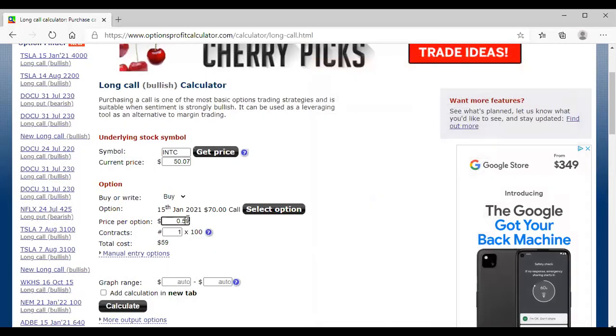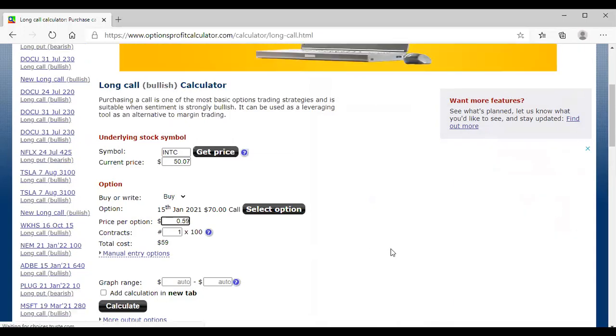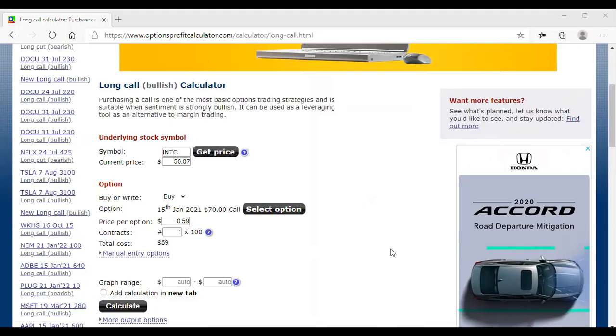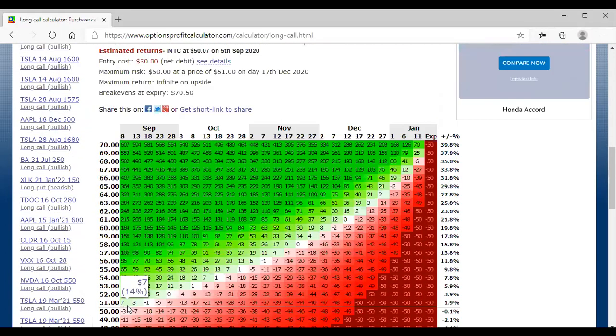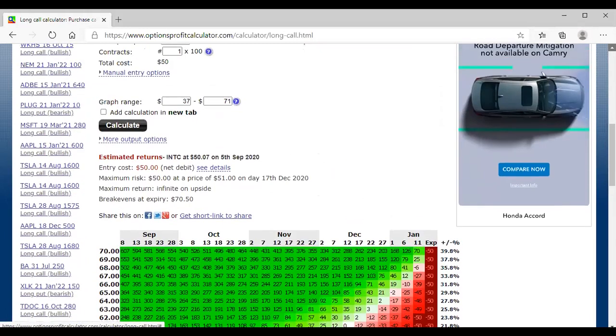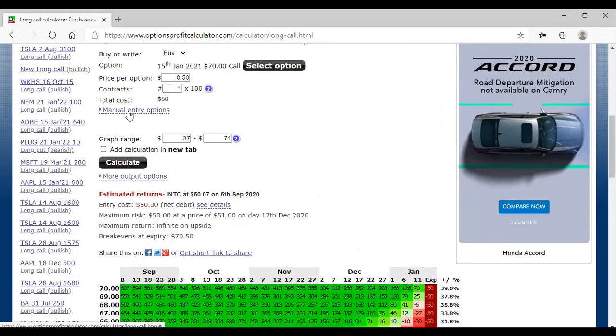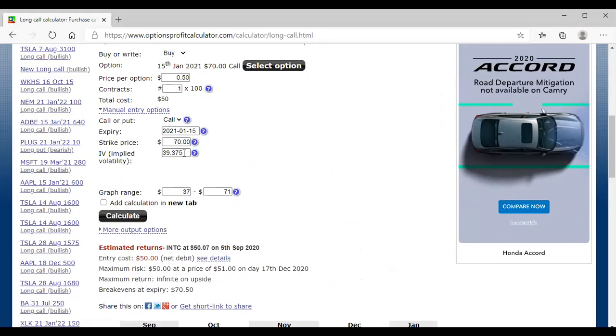Price per option. Okay. Oh, I need one more thing from you. Your implied volatility.